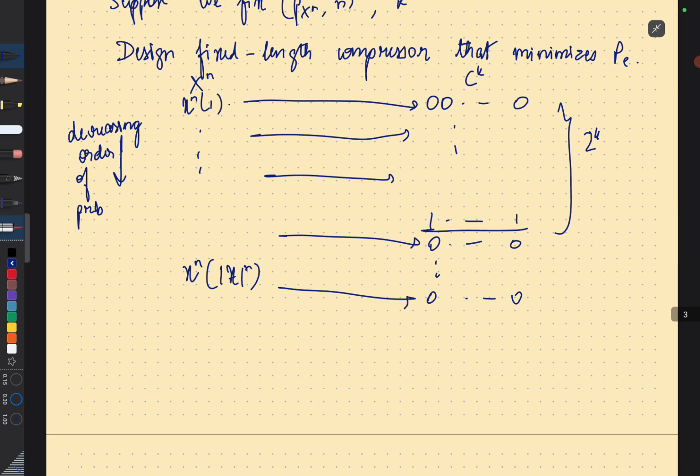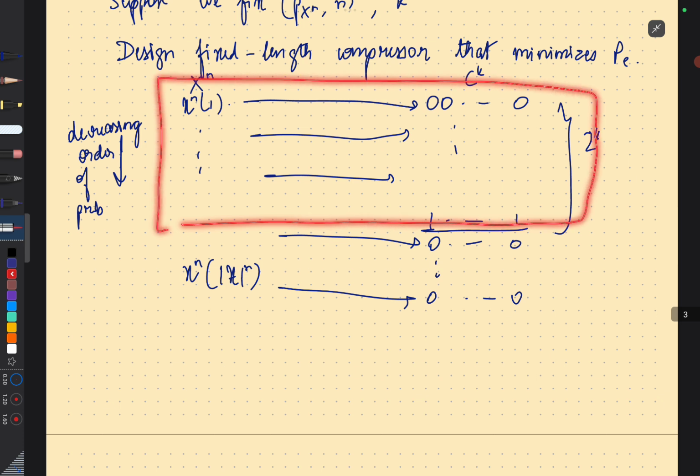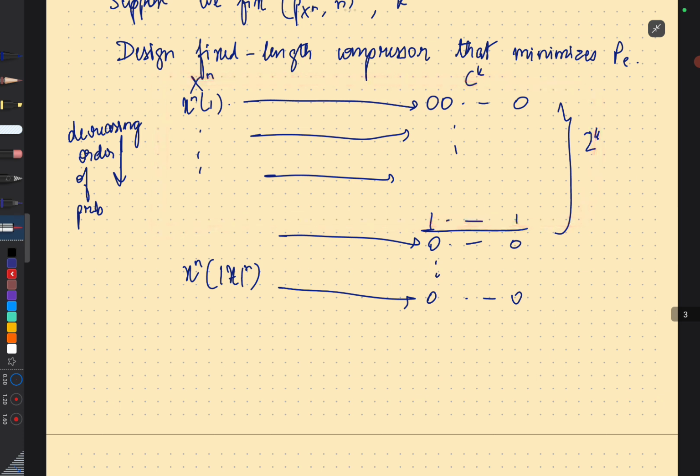What does the decoder do? Well, the decoder only has to see this part of this code table. Given, let's say it observes one of these code word sequences, it just decodes the corresponding source sequence in this table. That's it. So it is only these source sequences which can be recovered.